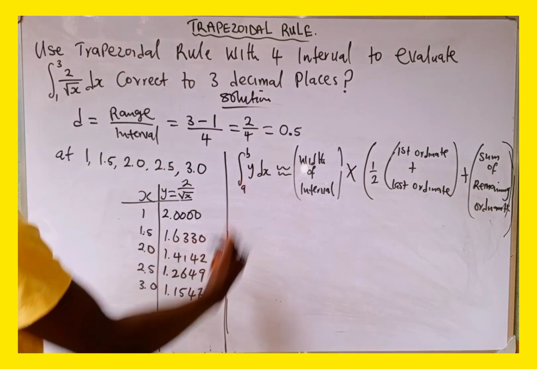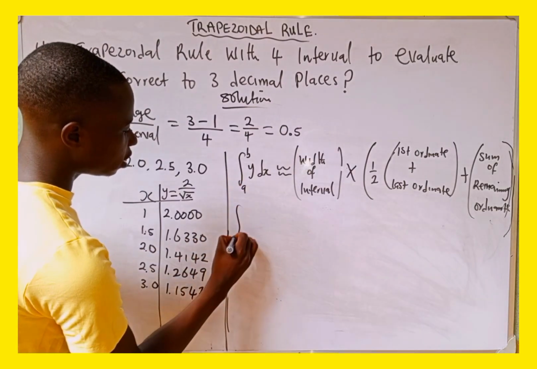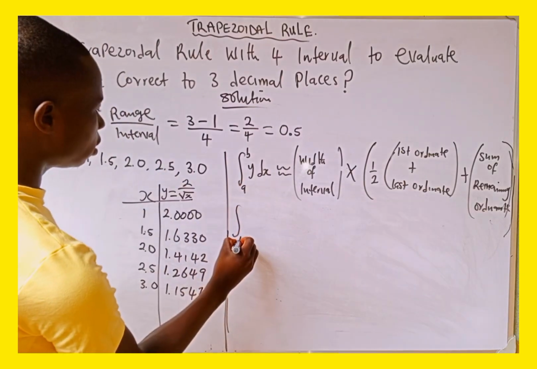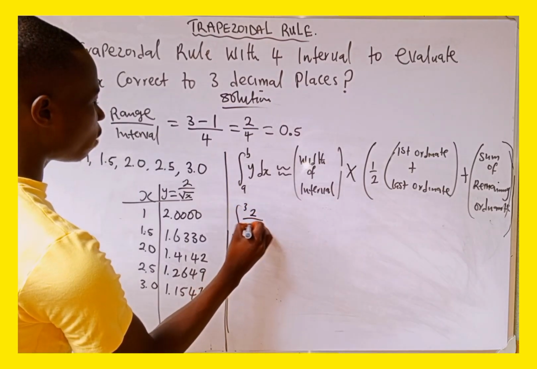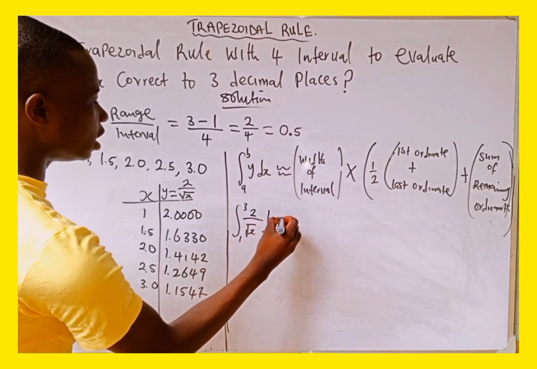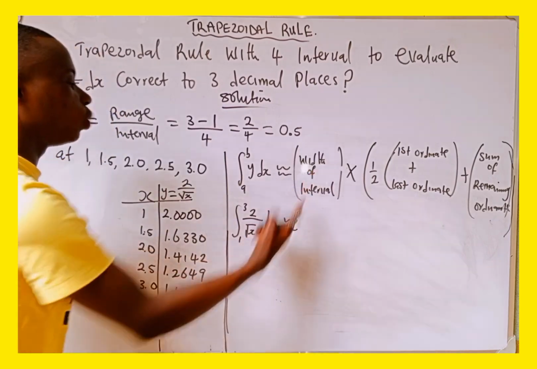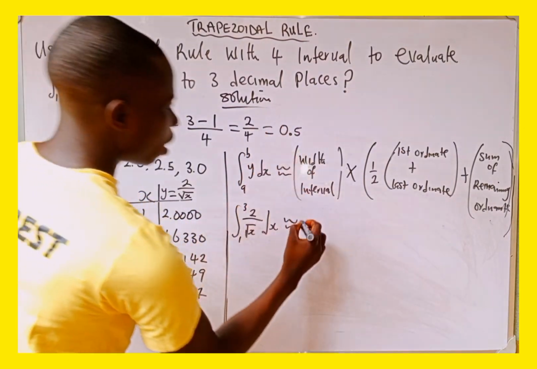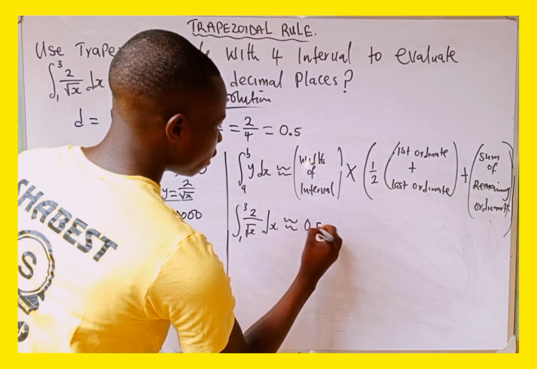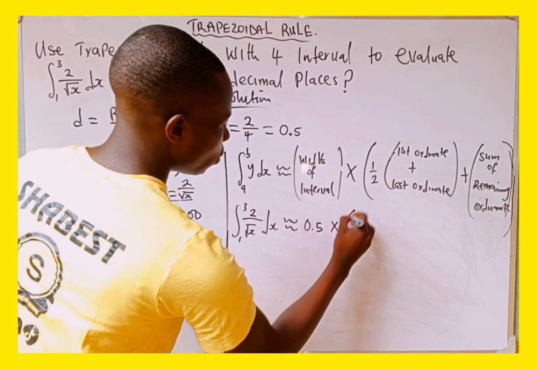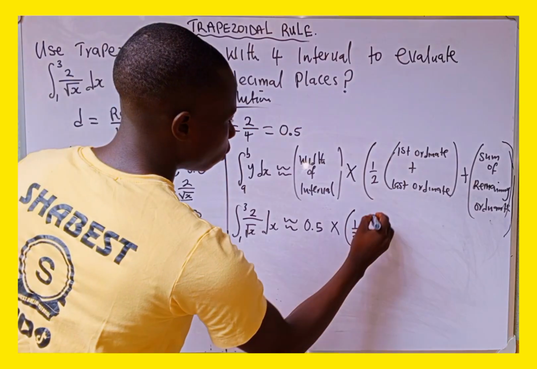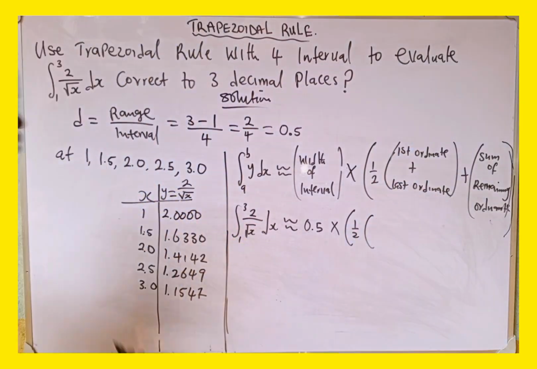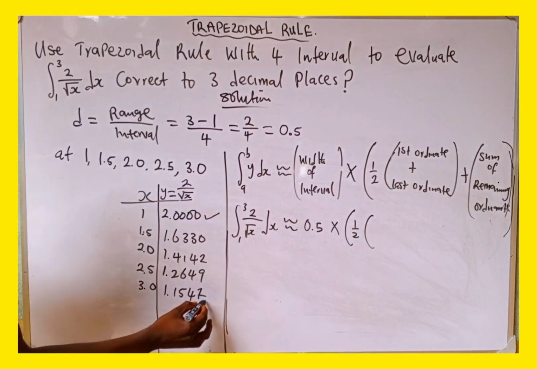Now we can substitute into this formula. The integral given is the integral from 1 to 3 of 2 over root x with respect to x, which is approximately the width of the interval, from our evaluation 0.5, multiplied by half of the first and the last ordinate. This is the first ordinate and this is the last ordinate.